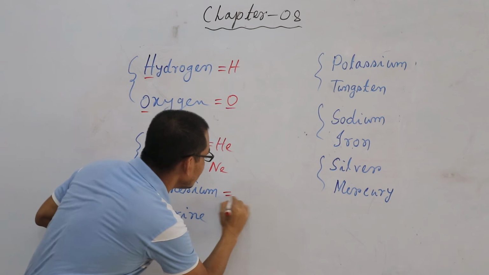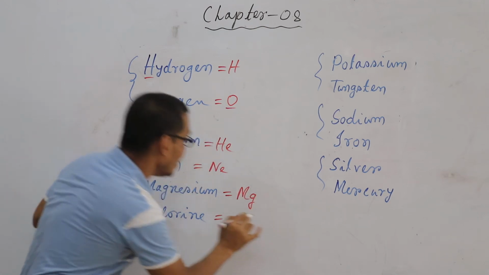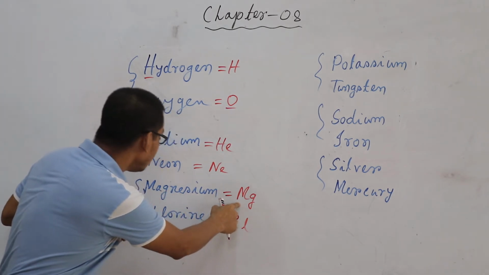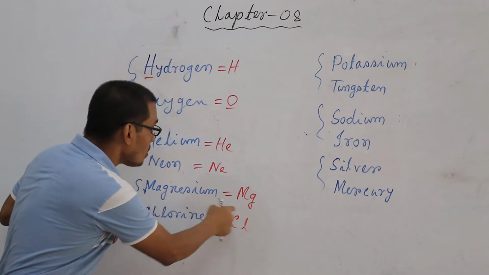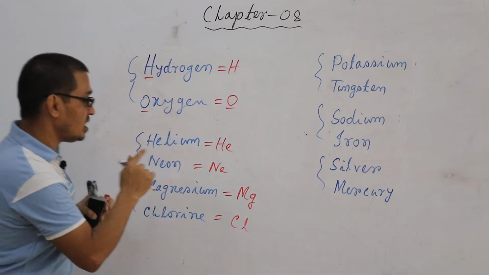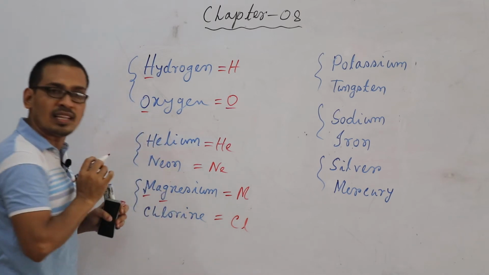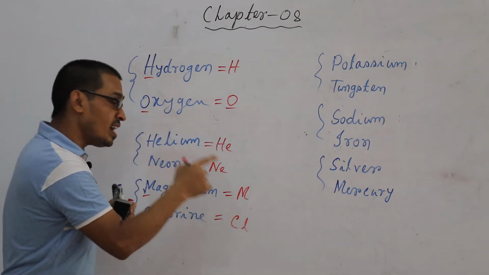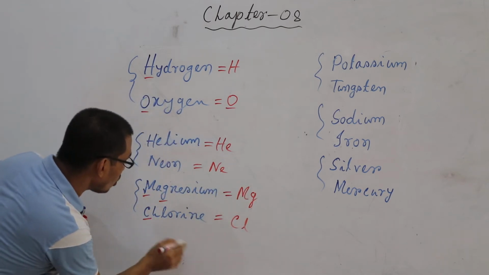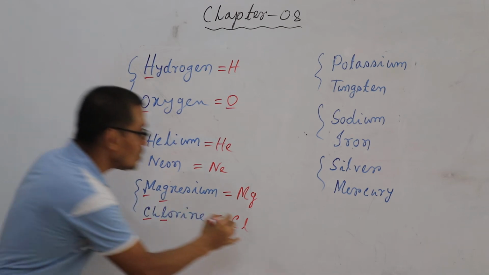Next, magnesium, Mg. You can ask me, sir, why is it not Ma but Mg? In that case, it is the first letter and another emphasizing letter. Here Cl is for chlorine: C is the first letter and L is the other emphasizing letter.